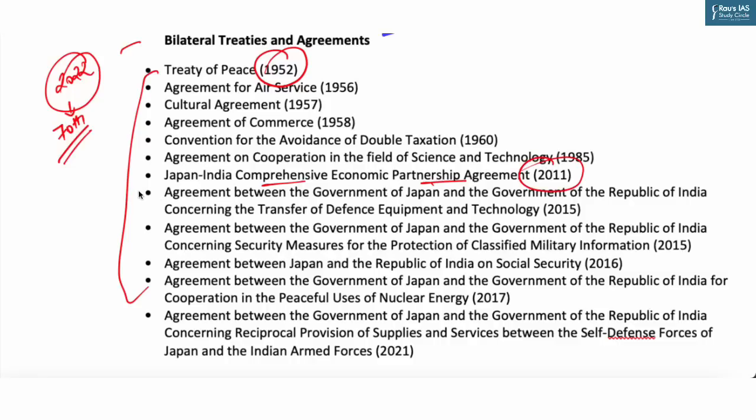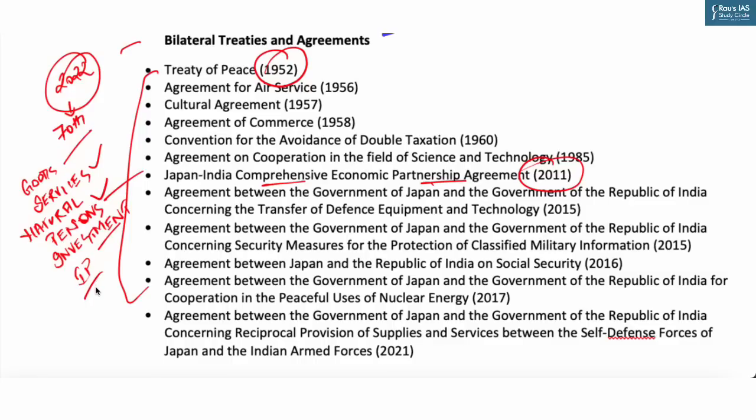The agreement covers not only trade in goods but also services, movement of natural persons, investment, intellectual property rights, customs procedures, and other trade related issues. So these are the bilateral treaties and agreements signed between India and Japan.